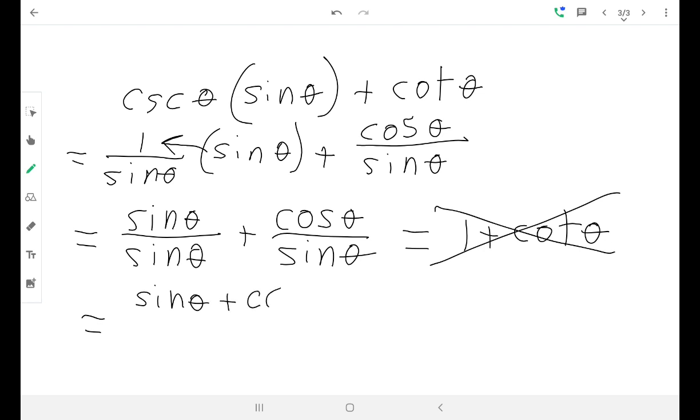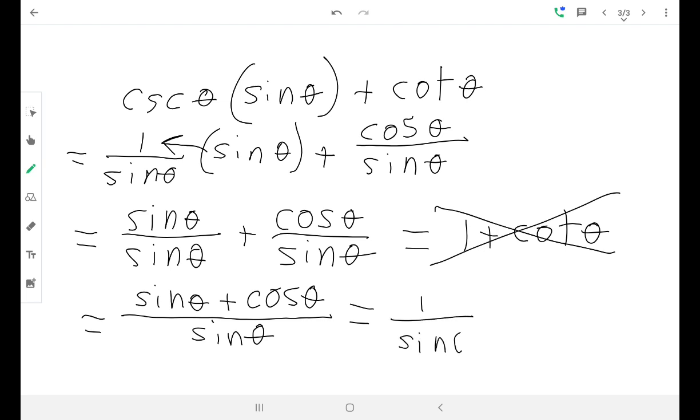So sine theta plus cosine theta, all of that over sine theta. Now, the question then becomes, is there more that I can do with this? And the answer is not really. I could factor the 1 over sine theta, which is in the denominator here, to the front and then call this sine theta plus cosine theta.